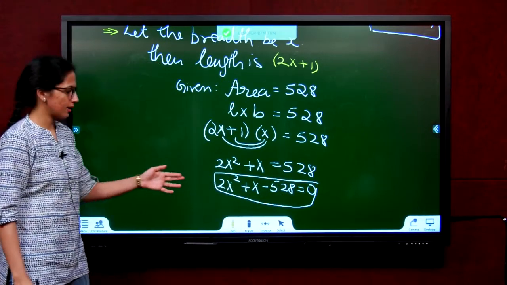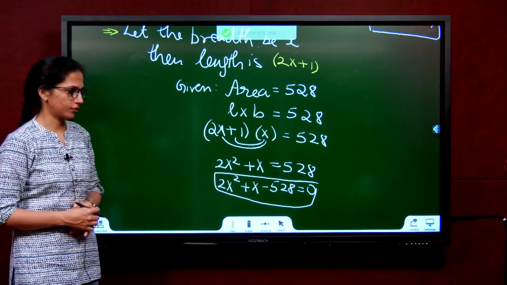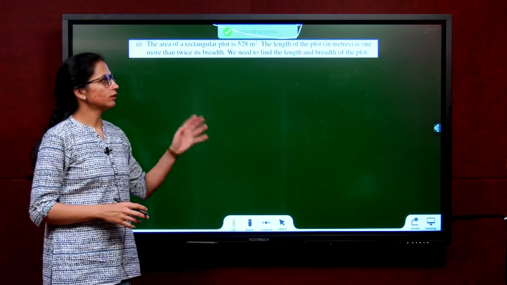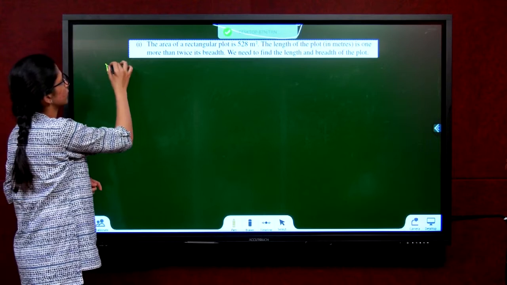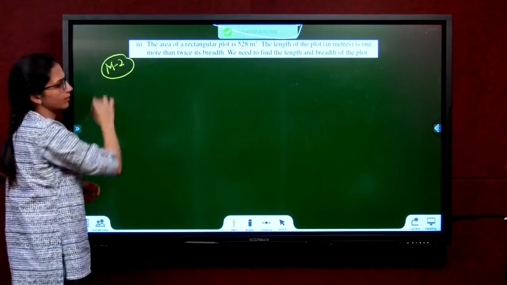This is the quadratic equation. So now same question, we will use method 2 and understand.